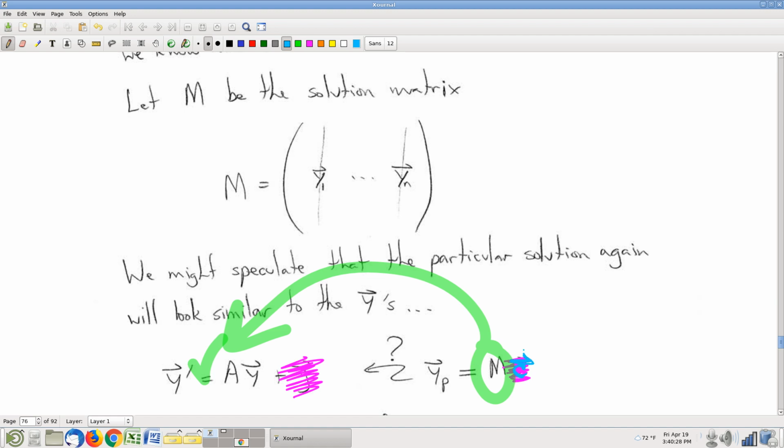I can multiply this matrix times a constant vector because all this is a fancy way of taking linear combinations of those columns, which are homogeneous solutions. So M times any constant vector is just a linear combination, which we know gives us more homogeneous solutions. So I can multiply by C, and it still works.